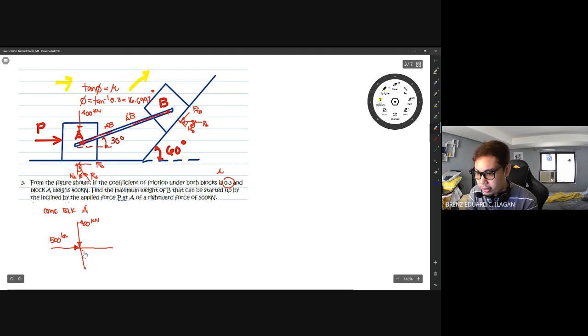And then we have here the RA, which is equal sa unknown, hindi pa natin alam. So ito yung angle of friction na phi, 16.6992. And then we have here yung ating AB, which is acting at 30 degrees.